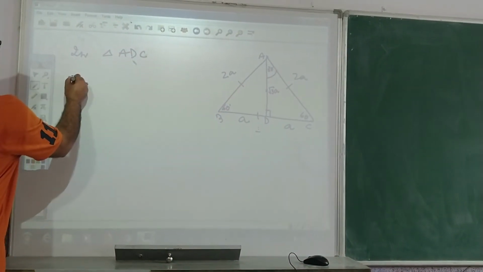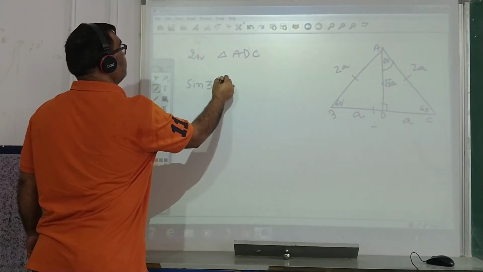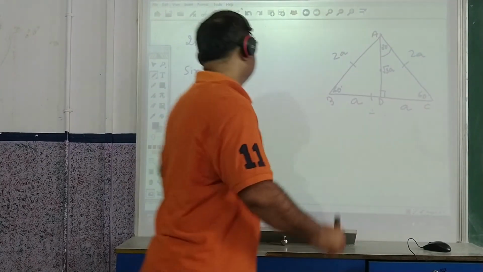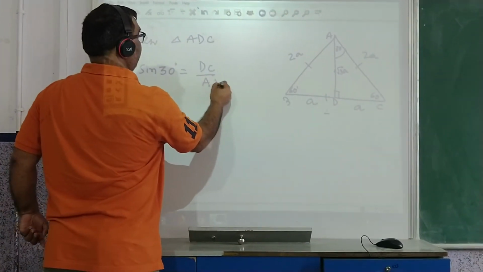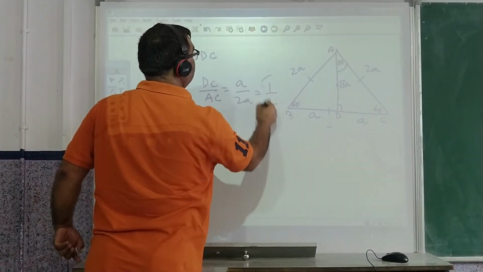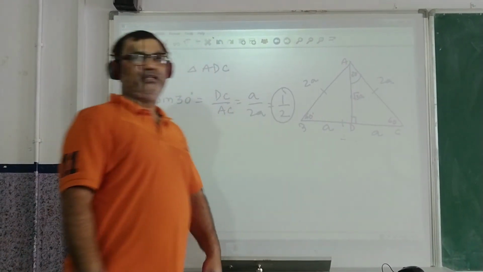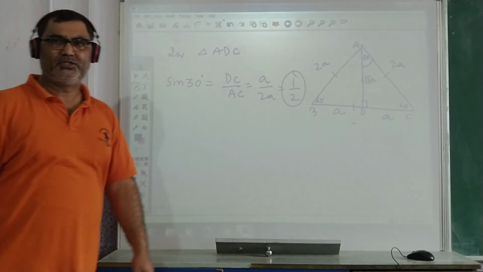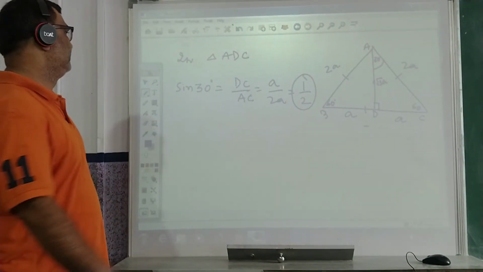So sine 30 is P by H, that is DC by AC. A by 2A means 1 by 2. So sine 30 is 1 by 2. Sine 45 calculated 1 by root 2. Sine 60 recently calculated root 3 by 2.